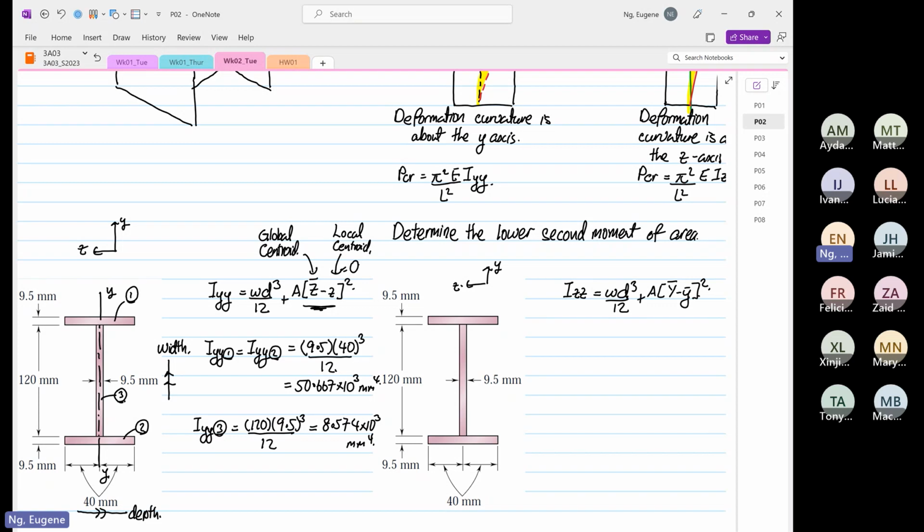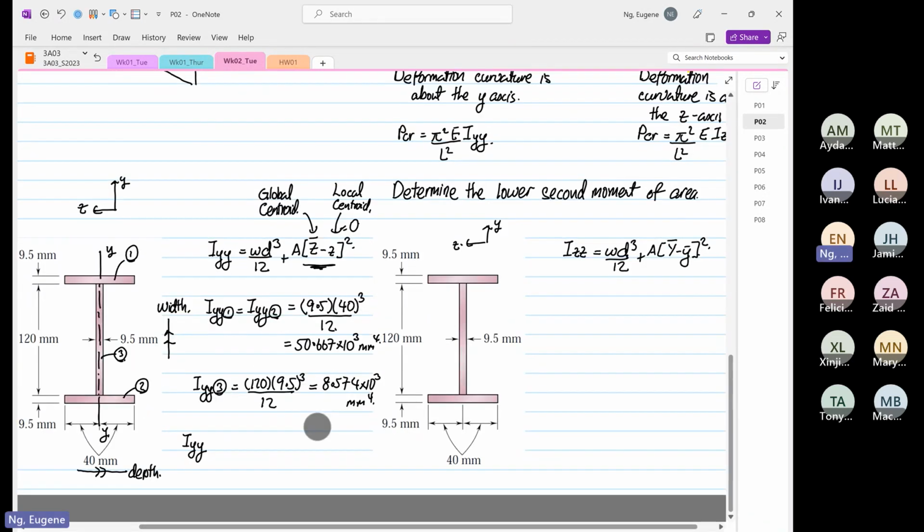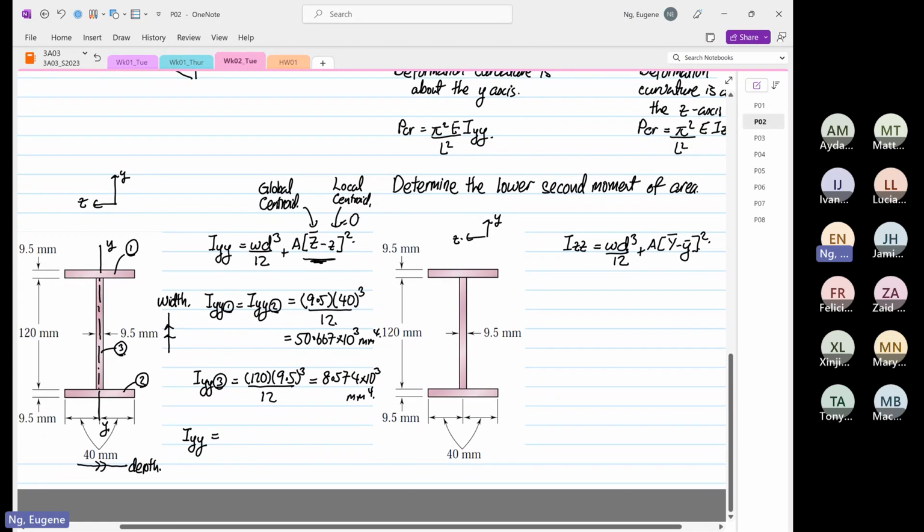Let me do it again. 8.574. So IYY will be equal to twice of 50.667, then plus 8.574, times 10 to the power 3.